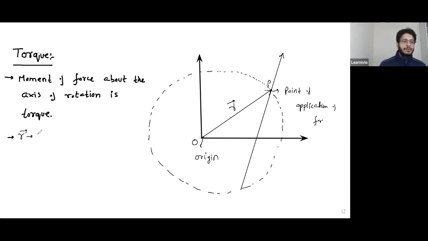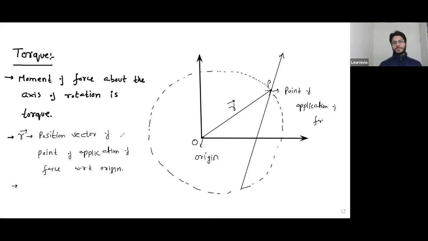The position vector of the point of application of force with respect to the origin. That's all. This is the direction of R.